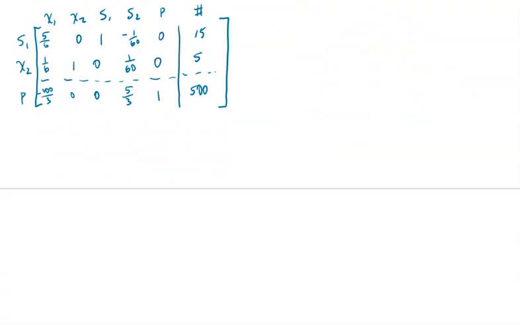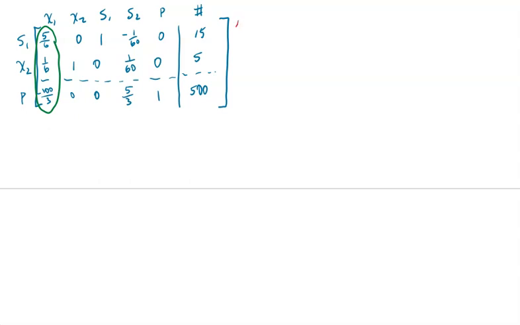So unfortunately, we do have a negative on the bottom, which means we need to do this one more time. It's going to be our column with our negative since there's only one.